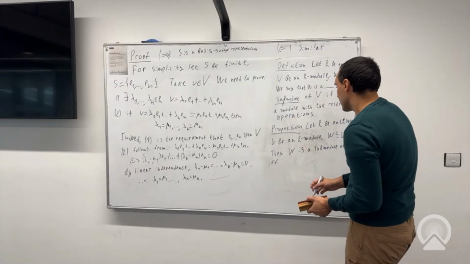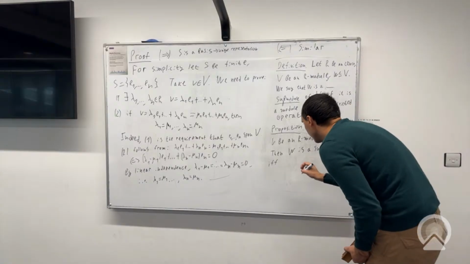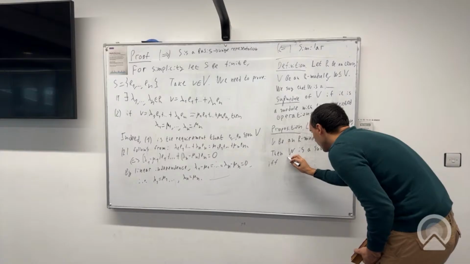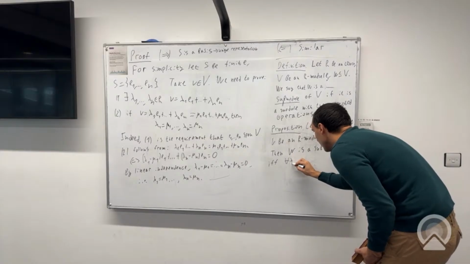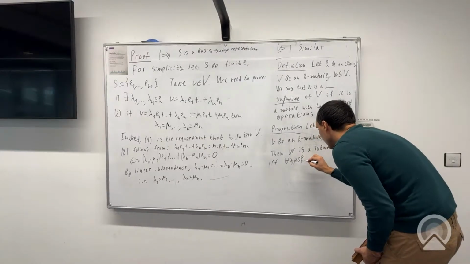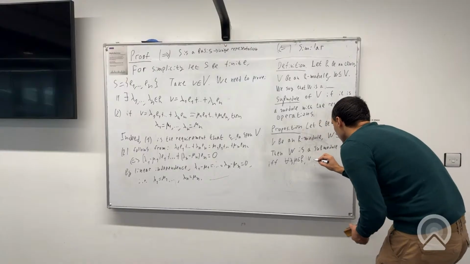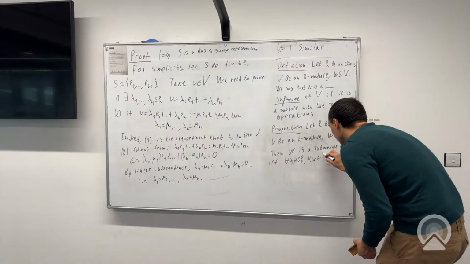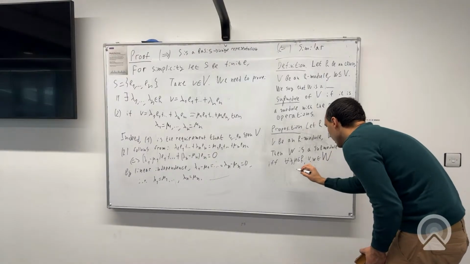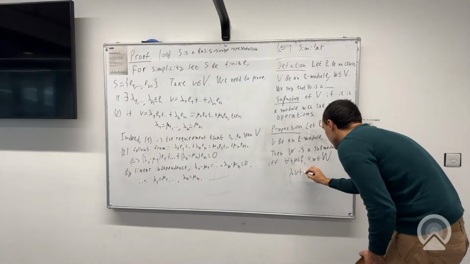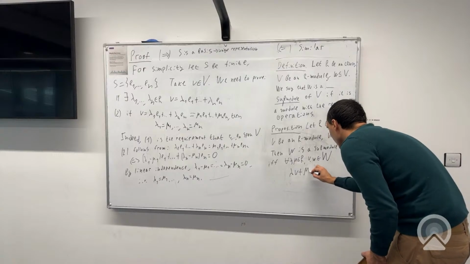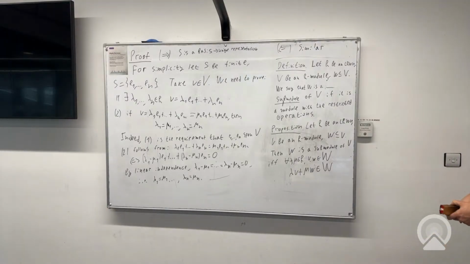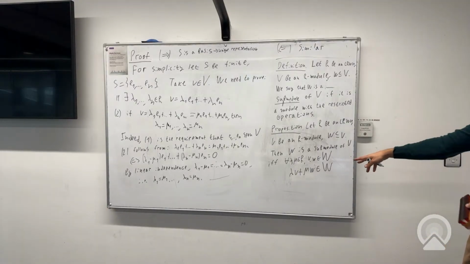It can be rewritten as a single one: for all lambda, mu in R and v, w in W, we have lambda v plus mu w is also in W. So a submodule is a space closed under linear combinations.